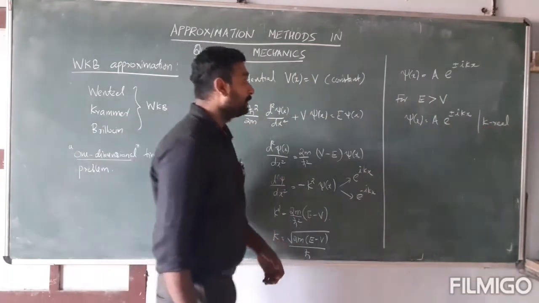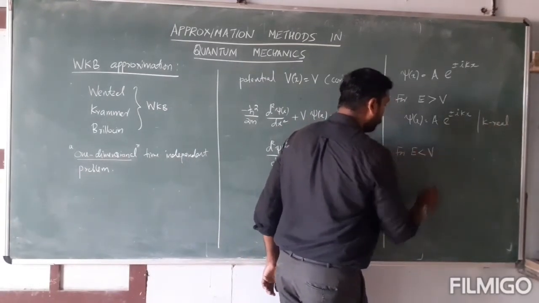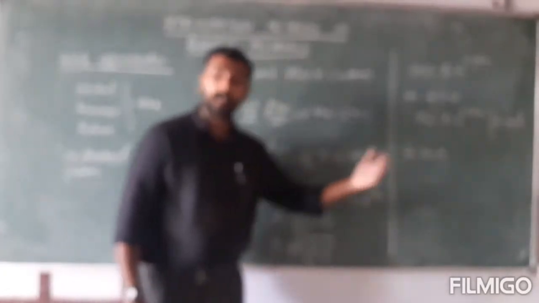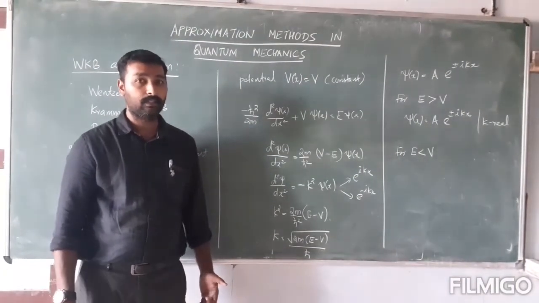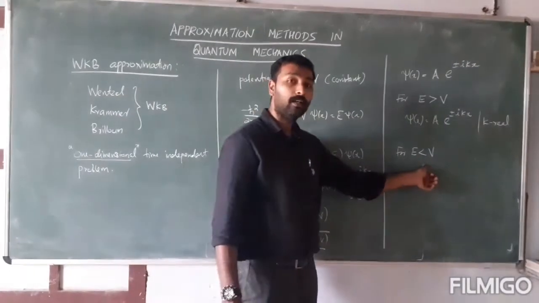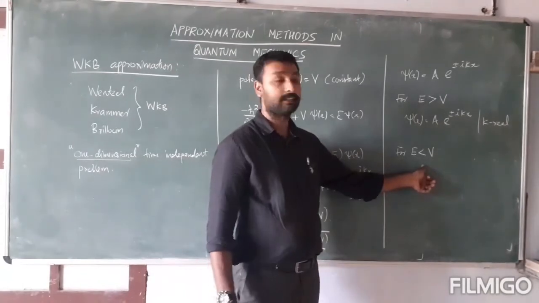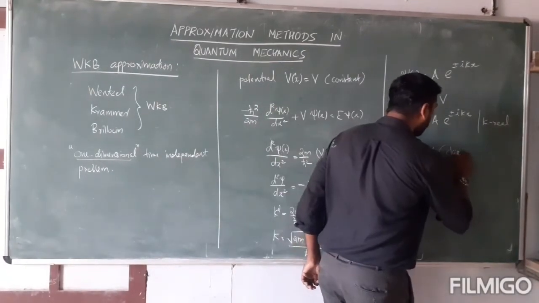And for the energy less than the potential, is it possible? Can the system have total energy less than the potential energy? In classical mechanics, such a condition is not possible, but it is allowed in quantum mechanics. So E less than V, we can call it a classically forbidden region.